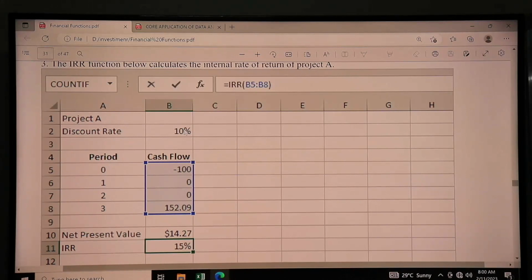You got 0. The second year, again, you got 0. The third year, you got this amount at this 10%. When you compute the internal rate of return and find that the internal rate of return is higher than this rate, then we say the project is actually worth it.